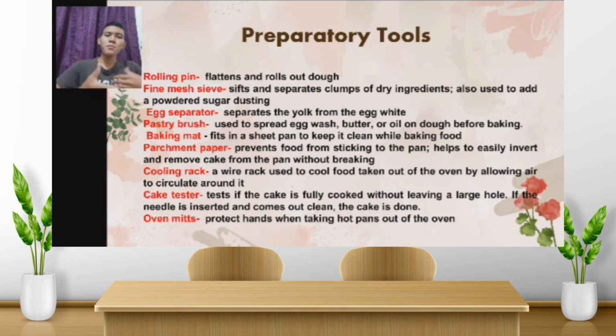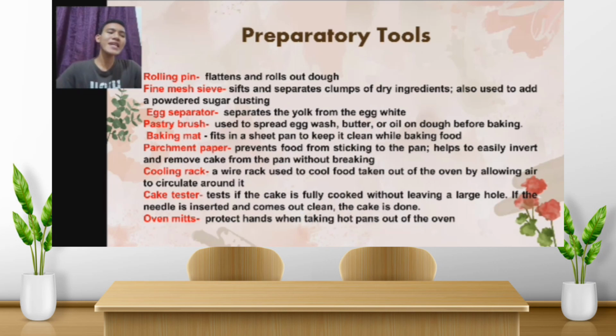So when we say preparatory tools, it will make the baking process easier from start to finish by preparing the tools and equipment you'll need to complete each step in your recipe.